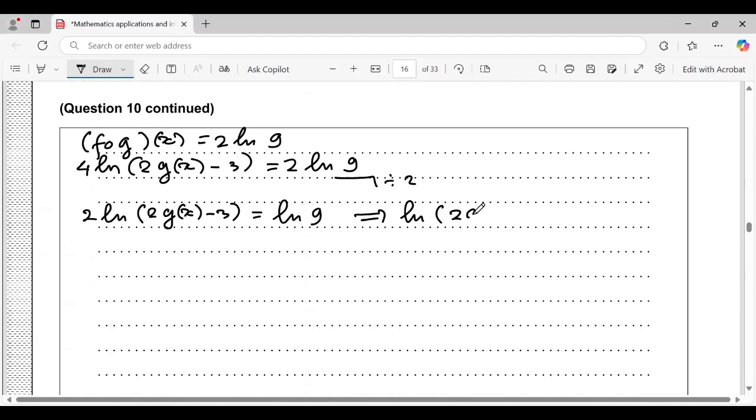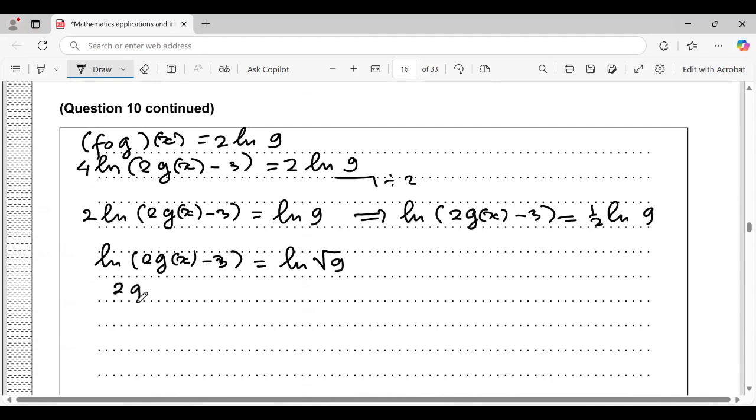Divided by 2 as well, it becomes ln(2g(x) minus 3) equals 1/2 ln 9. After that, it becomes ln(2g(x) minus 3) equals ln square root 9. So 2g(x) minus 3 equals square root 9.